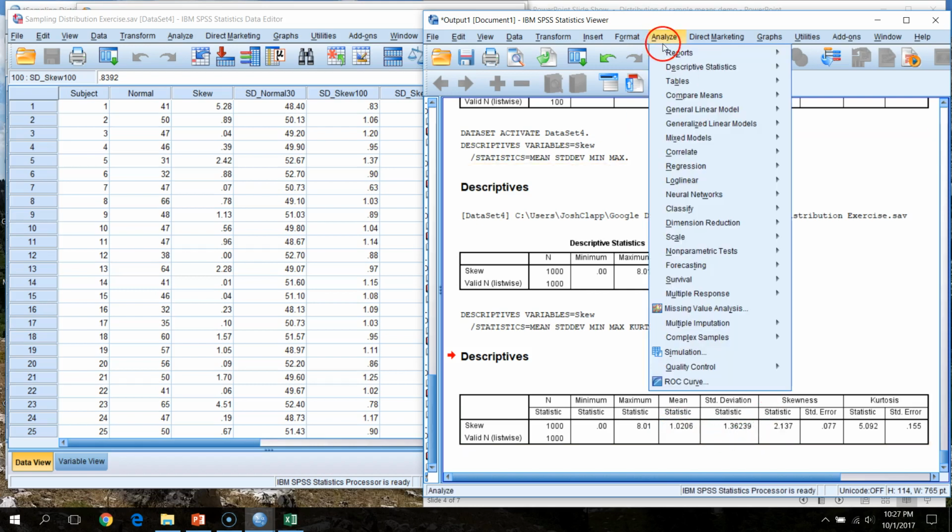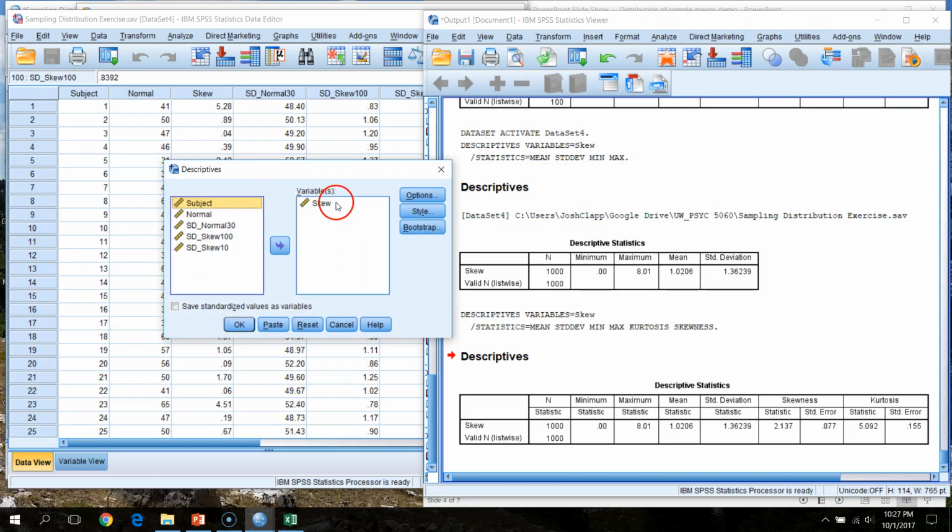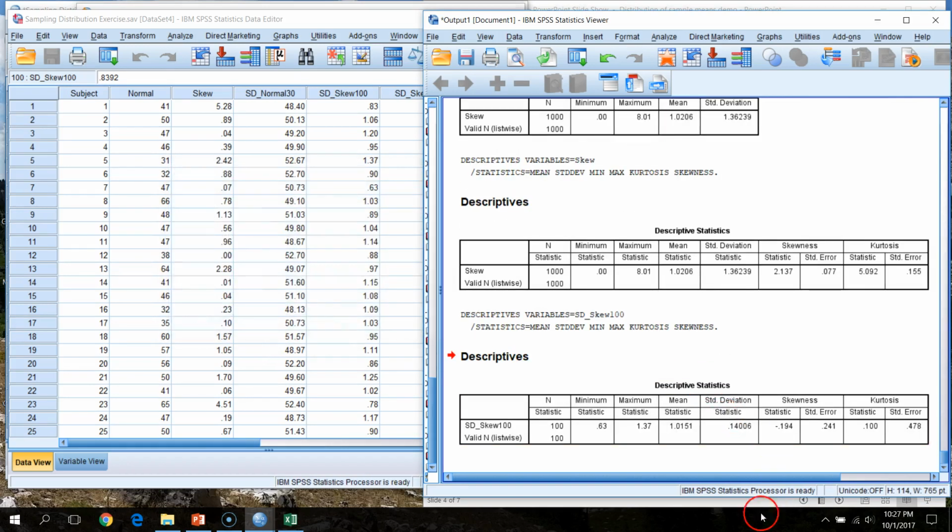But if we take a look not at our population, but at our sampling distribution that only has 100 cases, we see that the mean of our sampling distribution is almost identical to the mean of the population, even with 100 replications, and the standard deviation of our sampling distribution is going to look almost right on top of our standard error.